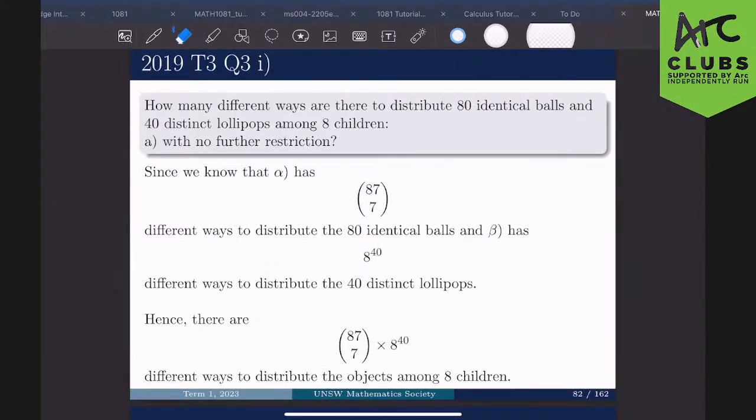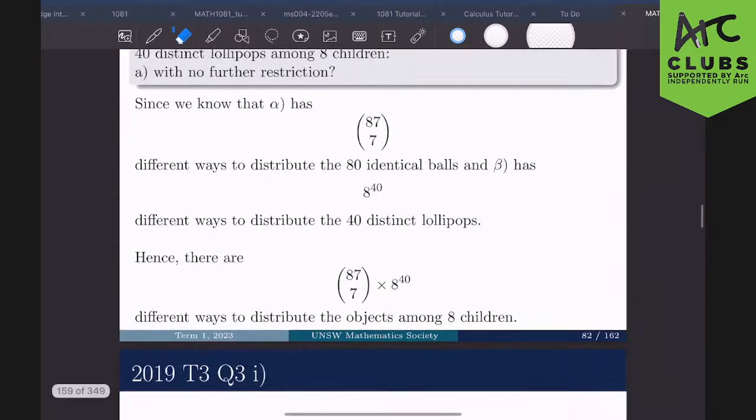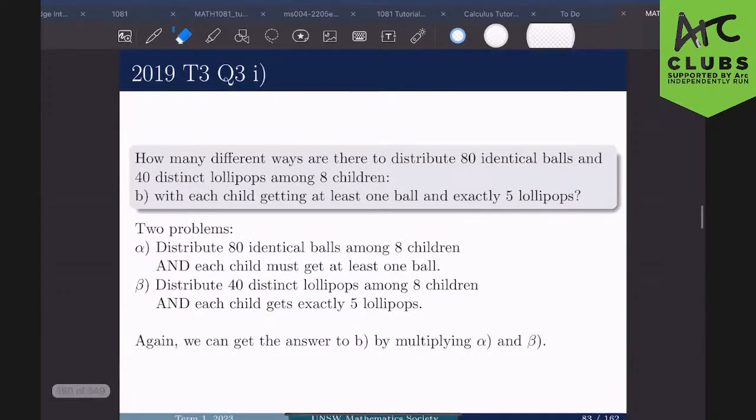Now we combine these together, and it's just simple multiplication of the two cases. And that's the question.